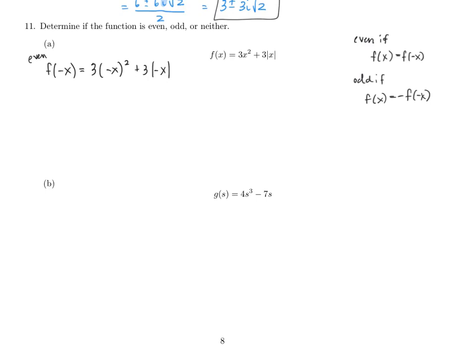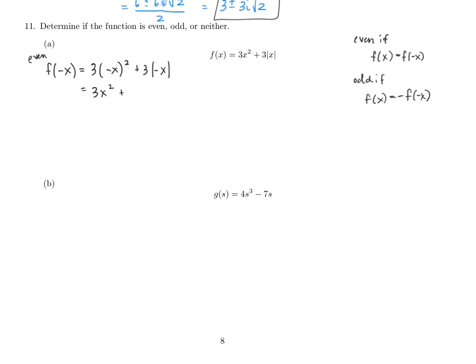Okay, and so we're going to simplify. So a negative x squared is just going to be x squared because the squaring of the negative makes it positive. So 3x squared. And then this negative in the absolute value symbol, that will become positive when you take it out of the absolute value symbol.